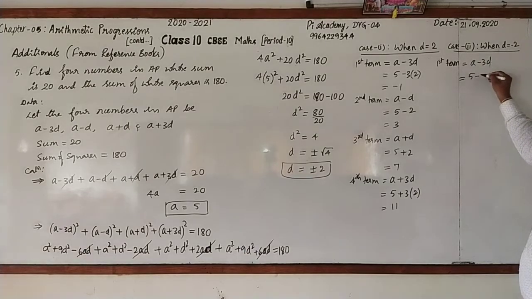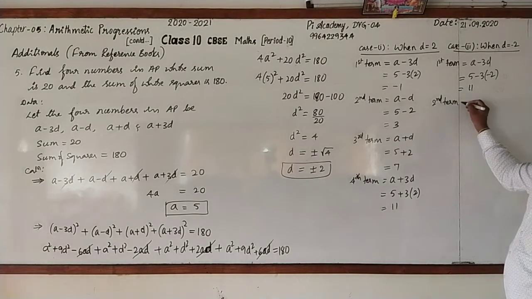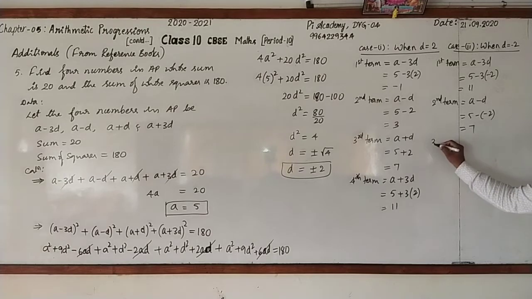A is 5 minus 3 into D, which is minus 2. What is minus into minus? Plus. 3 2s are 6, 6 plus 5 is 11. Second term is A minus D. A is 5, minus of D is minus of minus 2. This is 7. And the third term is A plus D.